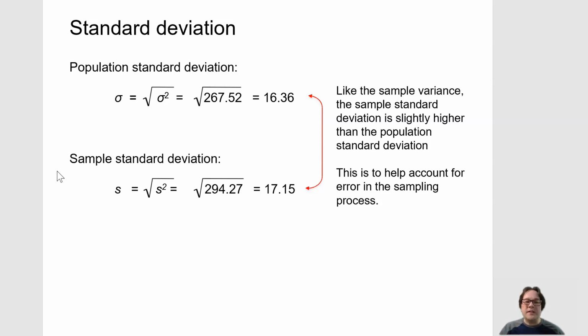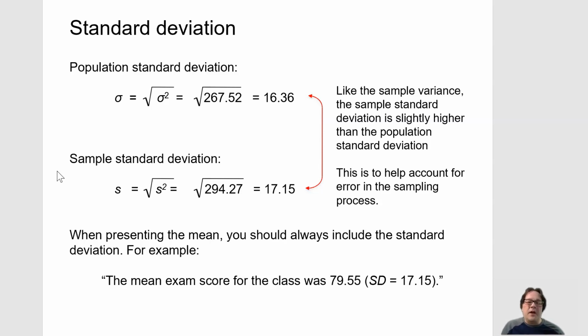So what does standard deviation tell us? It's saying on average each score is 17.15 points or values away from the mean in my sample distribution here.